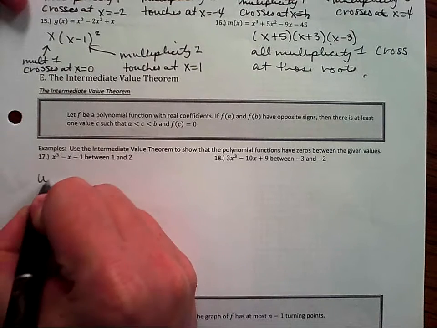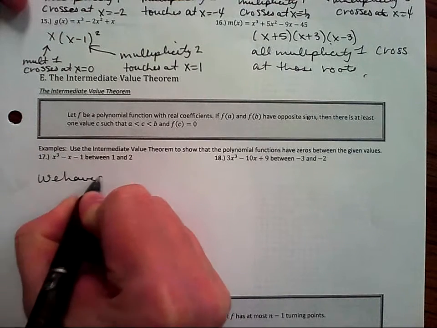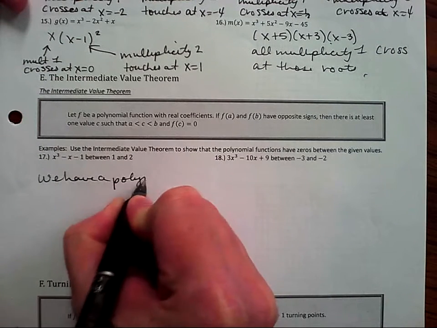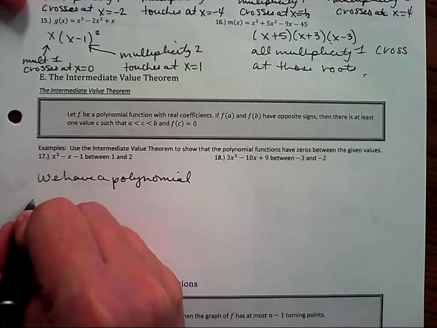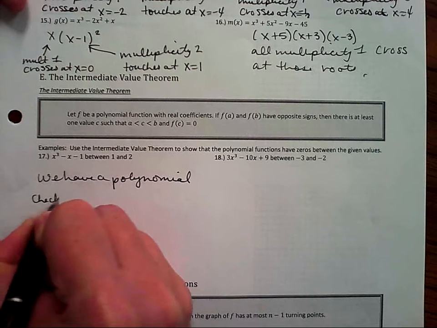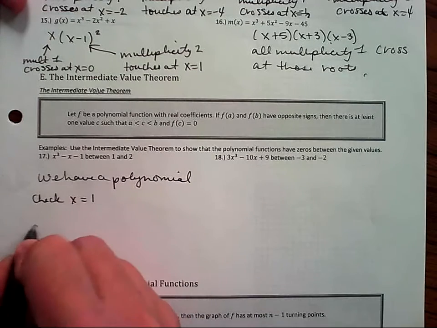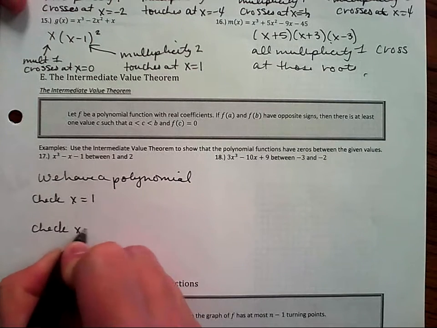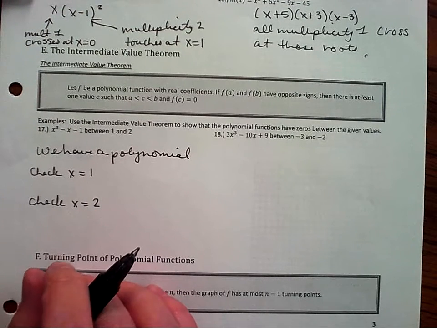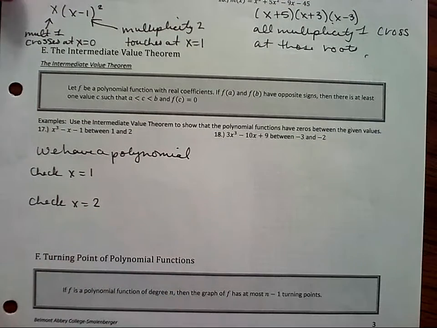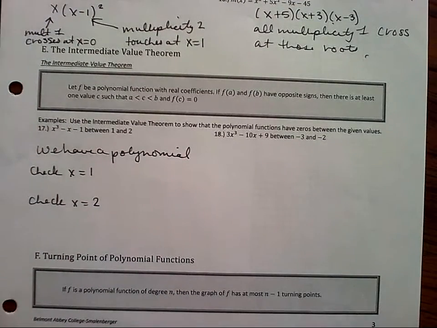Okay, we have a polynomial function. So I need to check x equals 1, and I need to check x equals 2. If I can show that those are opposite signs when I plug them in, then there is a root in between them. I don't care what the root is.